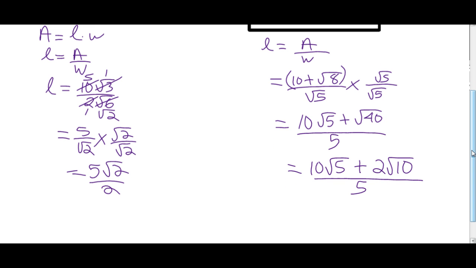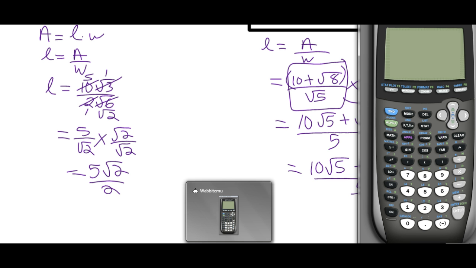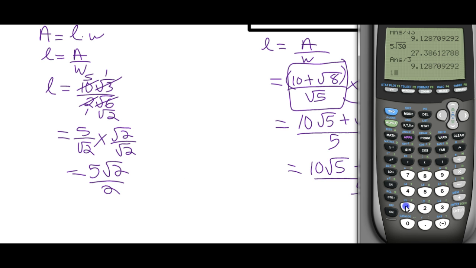You can verify this by seeing if this is equal to this, right? Which you would do only at the end of the test. Type in 10 plus root 8 over root 5 and type this in. So let's try it. Where's my calculator? So we've got 10 plus root 8. Turn that on. So I'm going to go 10 plus root 8, enter, divided by root 5.